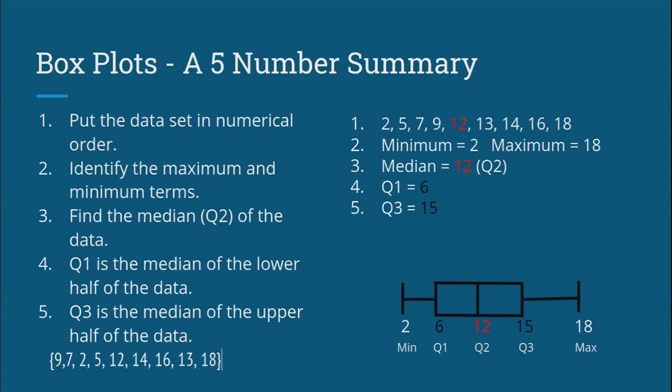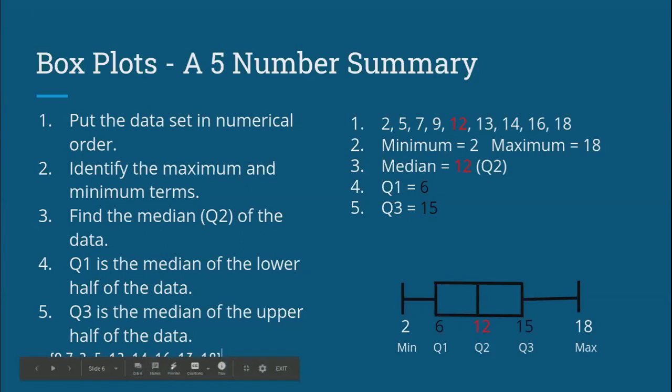So now that we have the 5-number summary that we need, this is how they go in a box plot. The minimum goes first. Then Q1, or quartile 1, the first quarter.